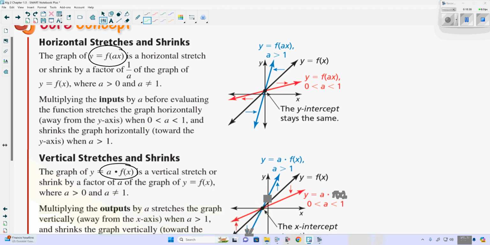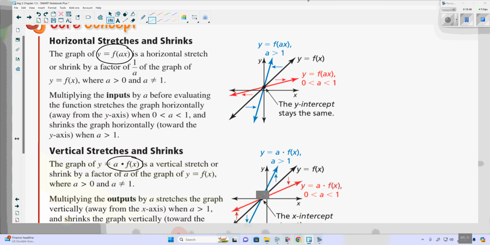This is the only one that has a real hitch to it. Because if we look at the general form, yes, we have f of a times x is a horizontal stretch or shrink by a factor of 1 over a. We have to flip it, is all it's doing.